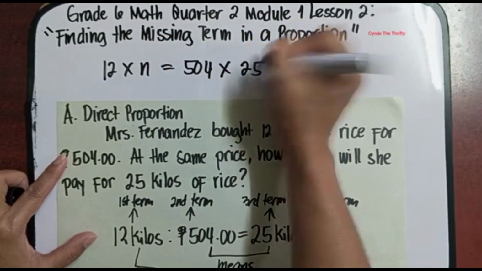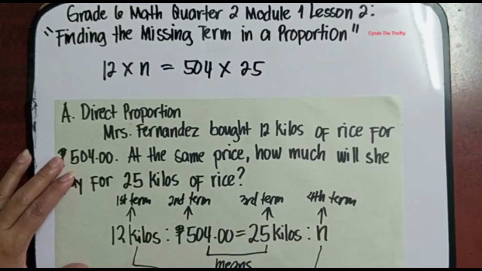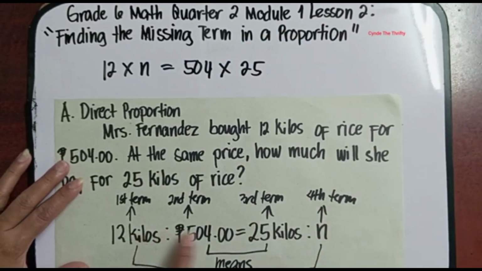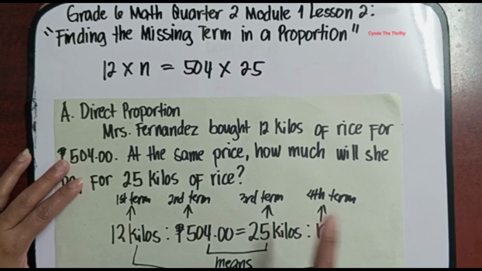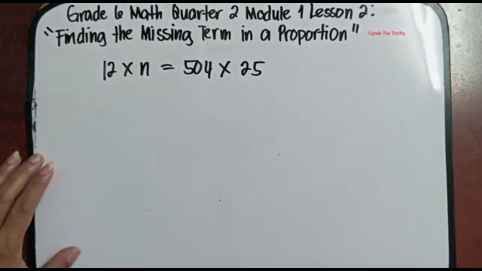So, again, si 12 at saka si N is minultiply natin kasi ang means at extremes i-multiply natin. And then si 504 at si 25 minultiply natin kasi ito ang ating means.